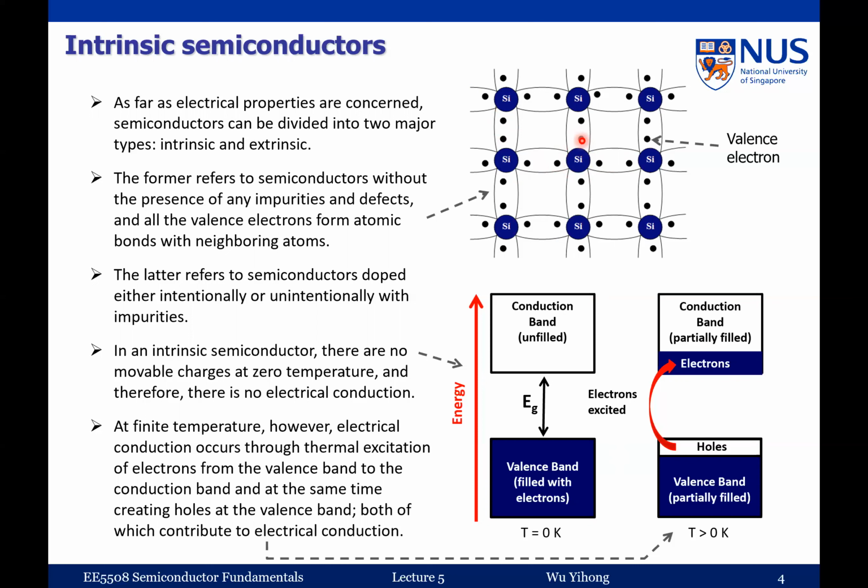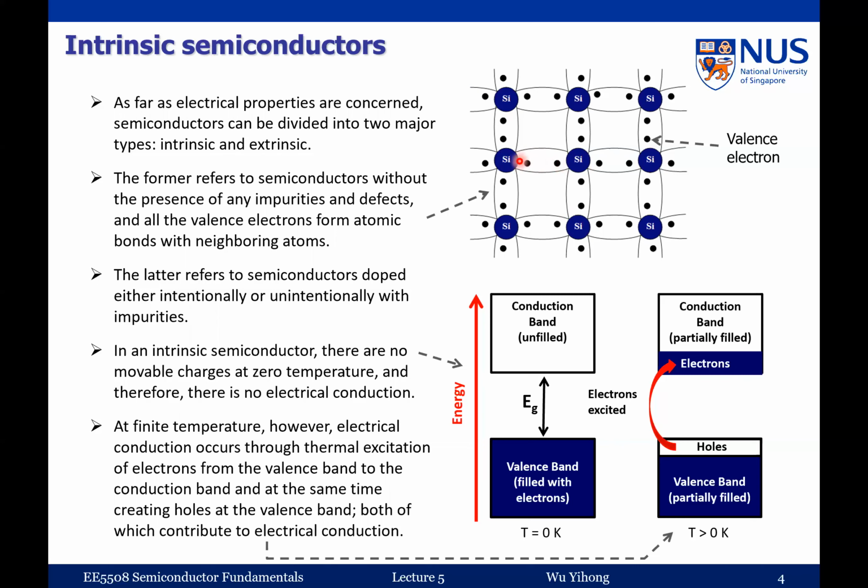Look at this one, 1, 2, 3, 4. These 4 valence electrons will interact with the valence electrons of the nearest neighboring atoms. We have 4 as well, 1, 2, 3, 4. And then they form a very strong covalent bond.